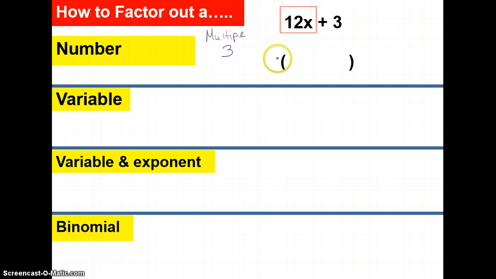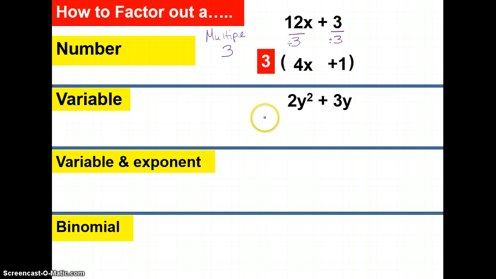All right, I can divide a 3 out of 12. 3 goes into 12 how many times? You're right, 4x. How many times does 3 go into 3? Once, you're right. And that's how I can factor out that 3.